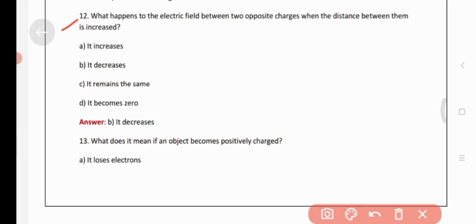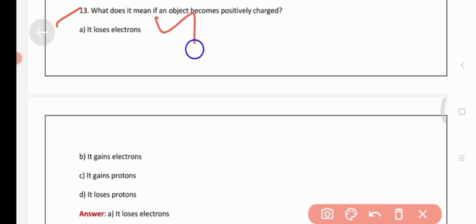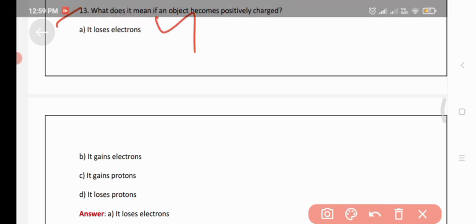What happens to the electric field between two opposite charges when the distance between them is increased? It decreases. What does it mean if an object becomes positively charged? Option A, it loses electrons.